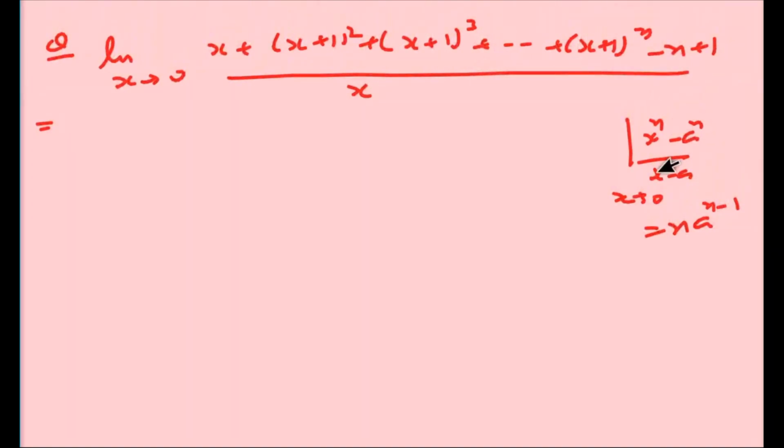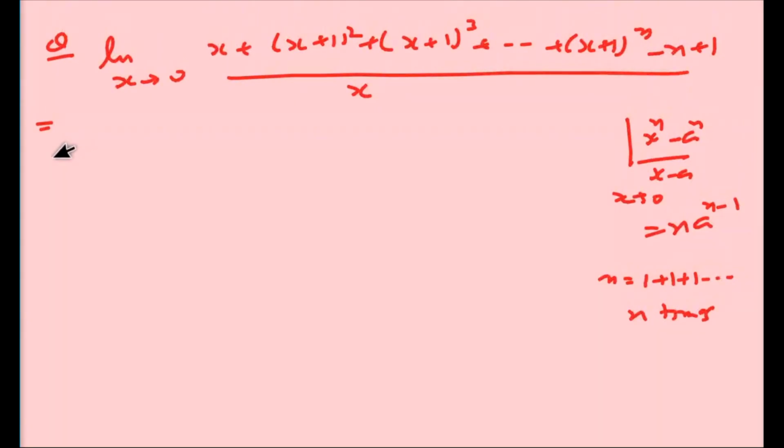So if you check this carefully, x to the power n, you can see this bracket power n, this bracket power n, and minus a to the power n. From here n can be written as 1 plus 1 plus 1, n times. Okay, so this one n times, you can adjust this n here also.